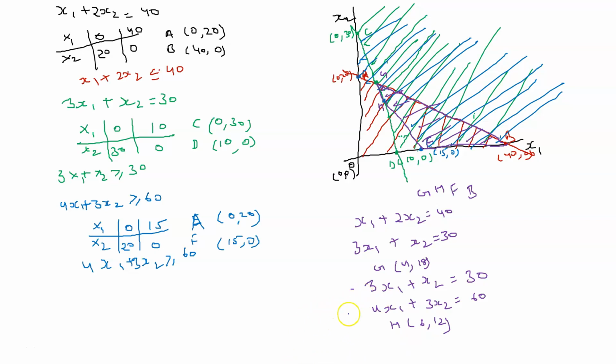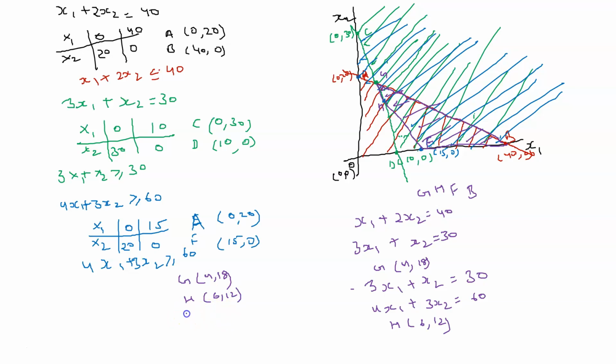Now we know the coordinates of all the points. Coordinates of G are 4, 18. Coordinates of H are 6, 12.